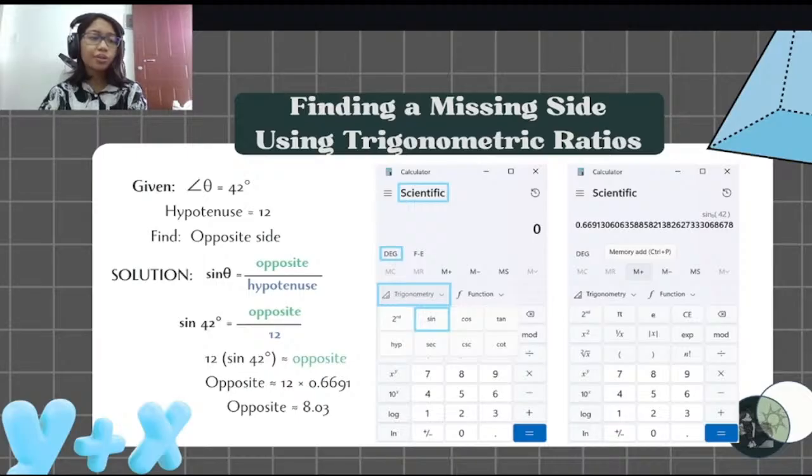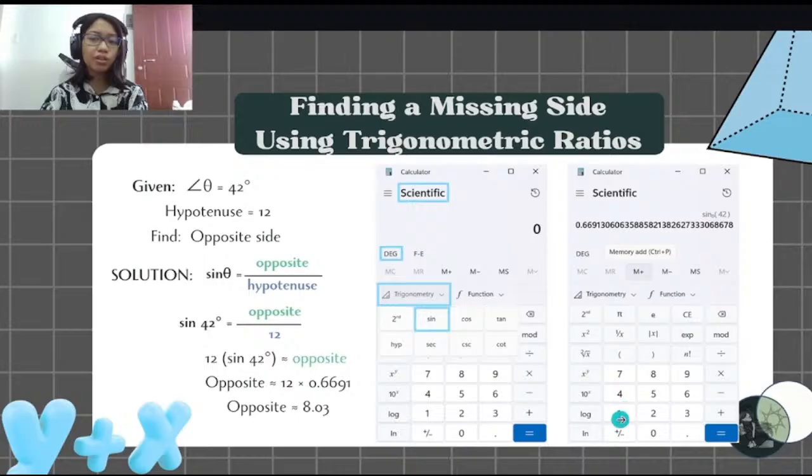We use the calculator in scientific mode and degree mode. Now we get the value of sine 42 degrees by typing 42 and clicking sine, and that will give us approximately 0.6691.